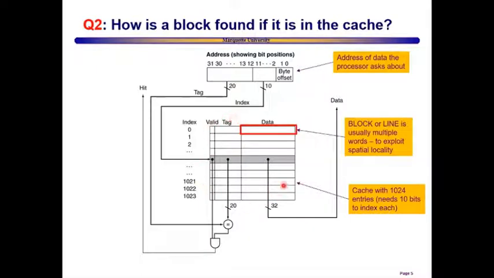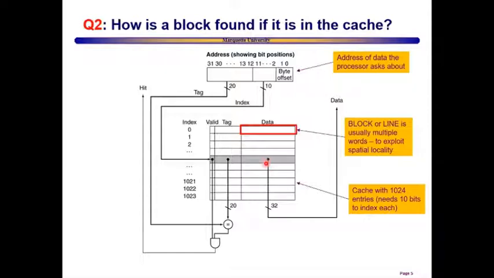And because this cache example has 1024 different entries, we need to allocate and use a field of the least significant 10 bits from the memory address itself to be able to index all of these different cache entries. Now, so that's fine. We can use these 10 bits to be able to index and find out each of these entries of the cache to which the data from this memory address might be mapped to and located inside the cache.